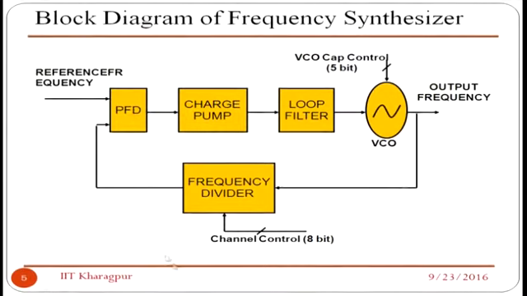Then if your frequency divider is 480, calculate 480 times 5, how much is it coming? 2.4 gigahertz. So 2.4 gigahertz divided by 480, how much is it coming? 5 megahertz. So 5 megahertz is coming from the divider output and then compared at the PFD.